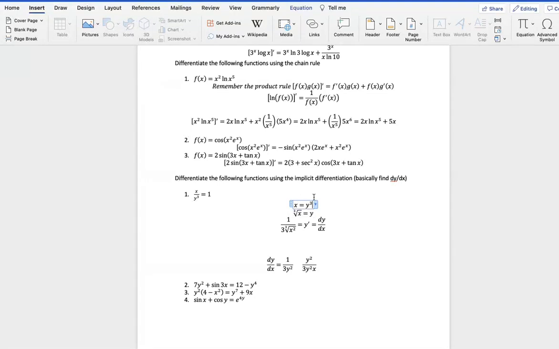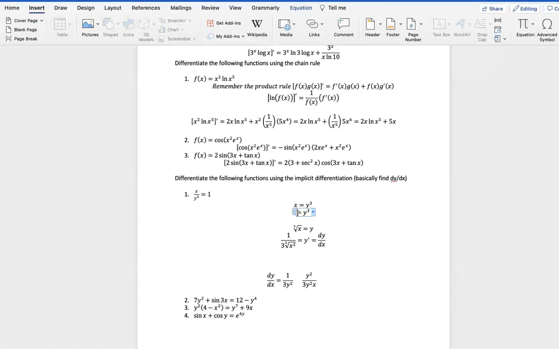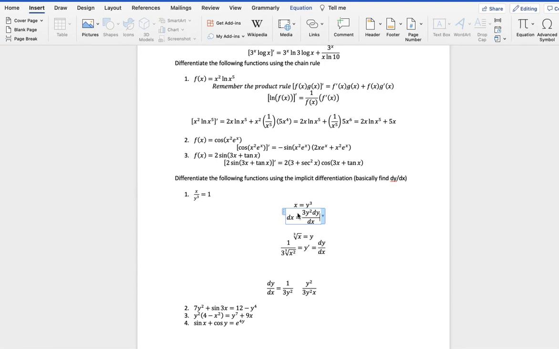So you're basically saying, you apply implicit differentiation, you have dx is equal to 3y squared, and then you said dy over dx. Okay, that's what you said, right? Yes. But yeah, cool.